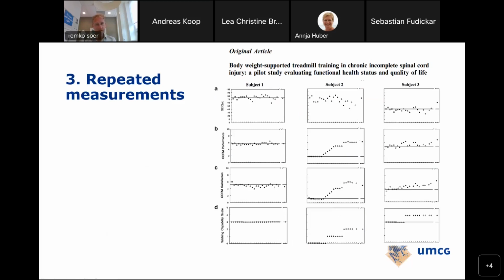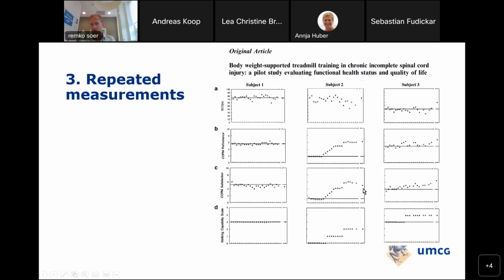If you look at the walking capability scale, you could also see basically an immediate effect. And the most beautiful thing was that it did not stop. When the intervention stopped in the follow-up, this patient reported that his walking capability was still quite high.